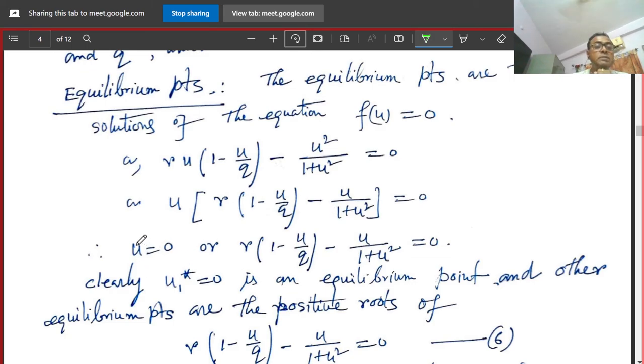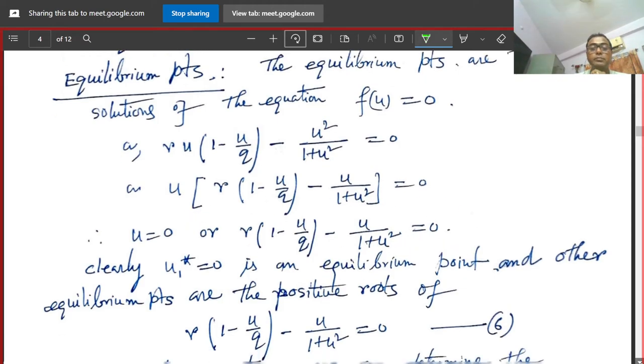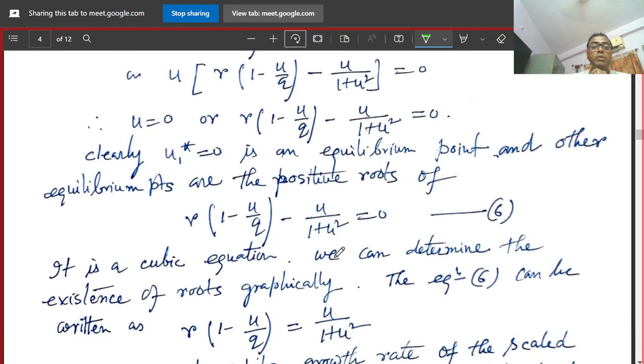Obviously the first steady state u1 star equal to 0 is an equilibrium point, and the other equilibrium points are the positive roots of this equation, equation 6. It is a cubic equation.